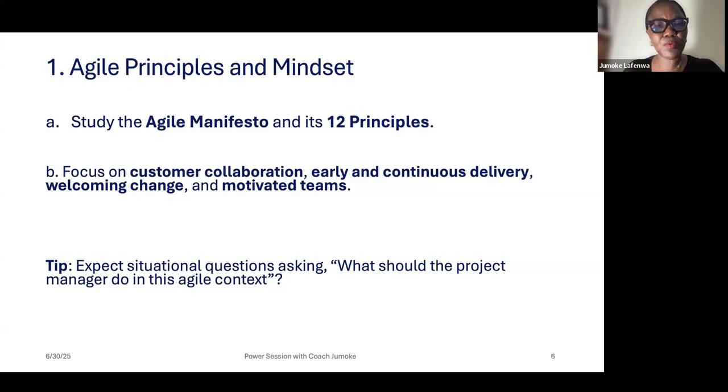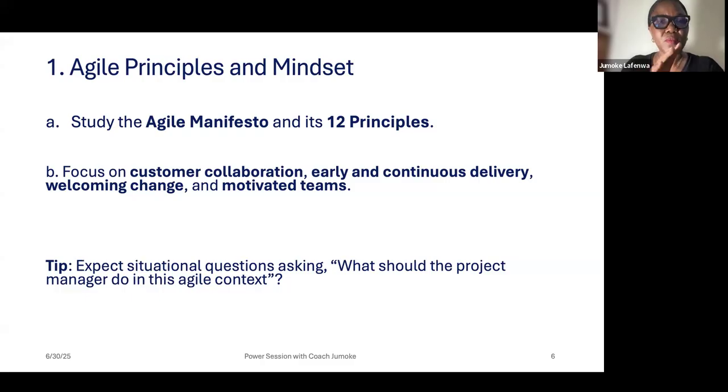So what should the project manager do in this agile context? Anytime you're answering questions, you should situate the question, because the same scenario under predictive and adaptive will not be handled the same way. So you need to first determine what methodology or approach this scenario or situation is painting before you come with the answer.